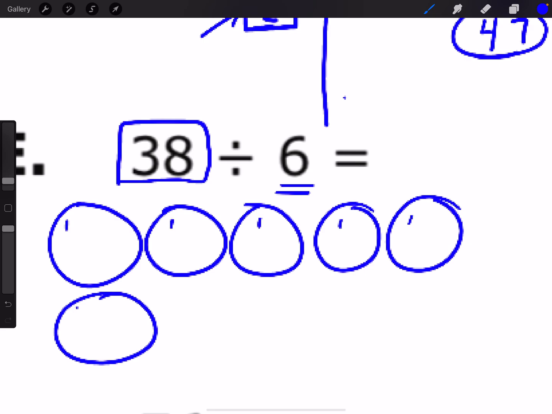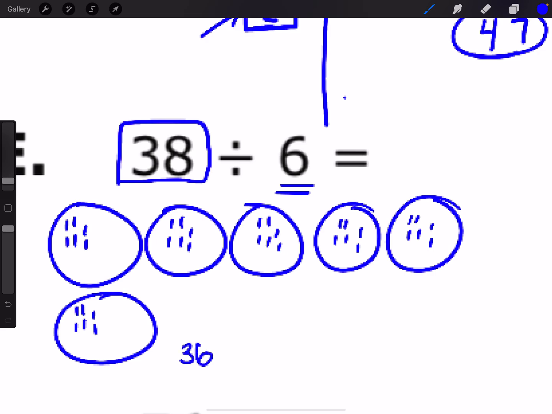So 1, 2, 3, and so on, counting up to 36.